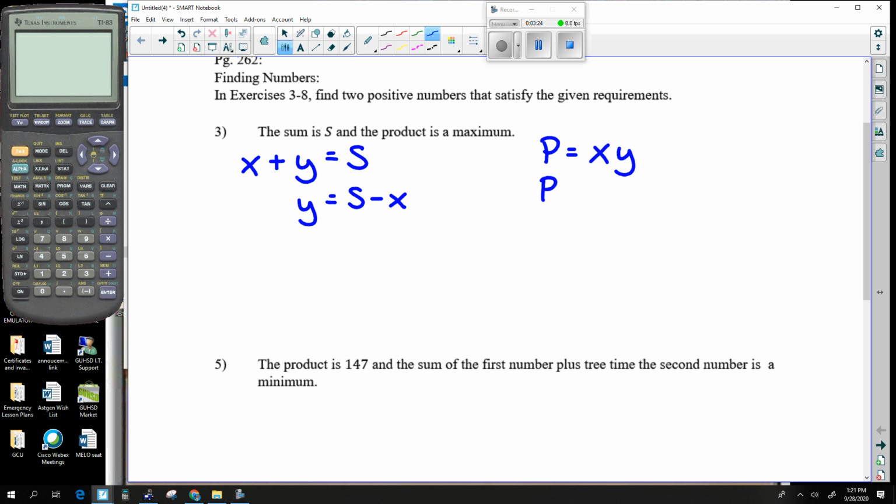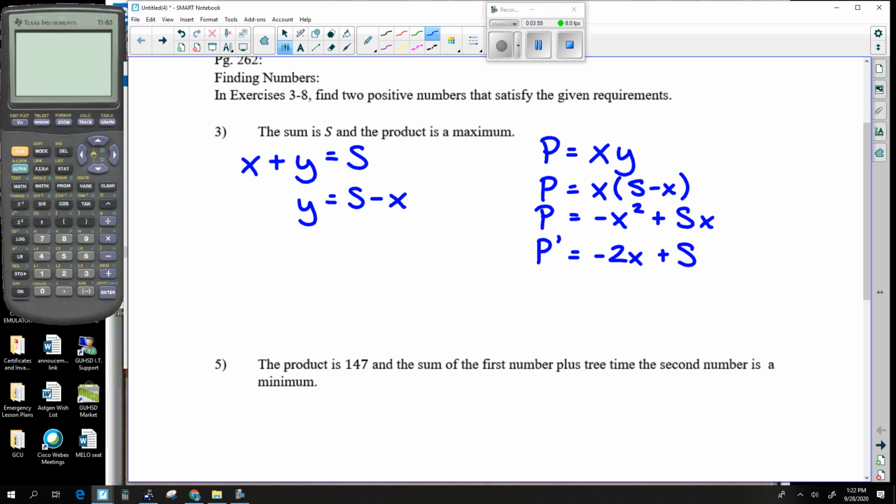So the product is equal to x times y, which is now x times (s minus x), or negative x squared plus sx. Now I'm going to take the derivative of this product with respect to x, which is negative 2x plus s.